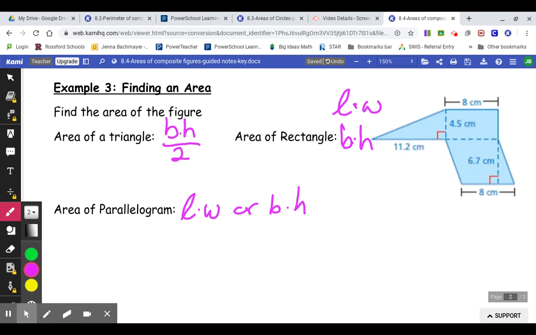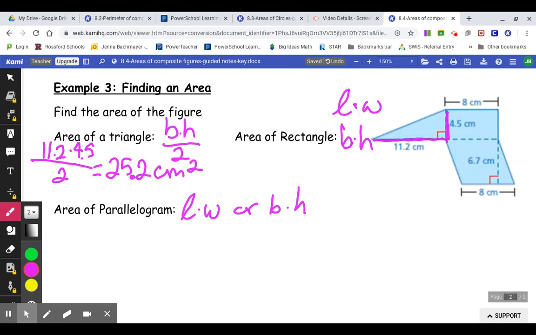So we would just take length times width or use base times height. All right, so let's take a look at solving for our triangle. Our triangle is here. We have our base as 11.2 and our height as 4.5. So I'm going to do 11.2 times 4.5 divided by 2. So the area of the triangle is 25.2 centimeters, and again, it's squared because it is area.